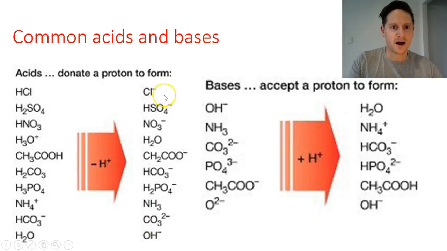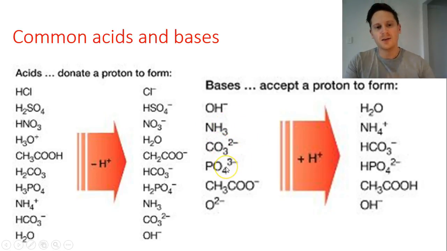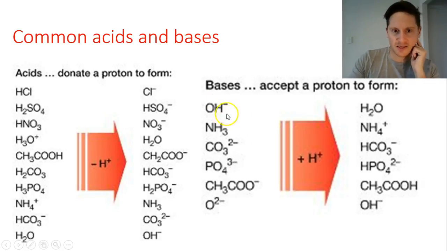Over on the right-hand side, once they lose their proton, these are the species that are going to be formed. So this is the conjugate base to these common acids. And here we've got a whole section of bases as well. Hydroxide, ammonia, a carbonate ion, phosphate ion. So you can see that sometimes you can have the species being charged.